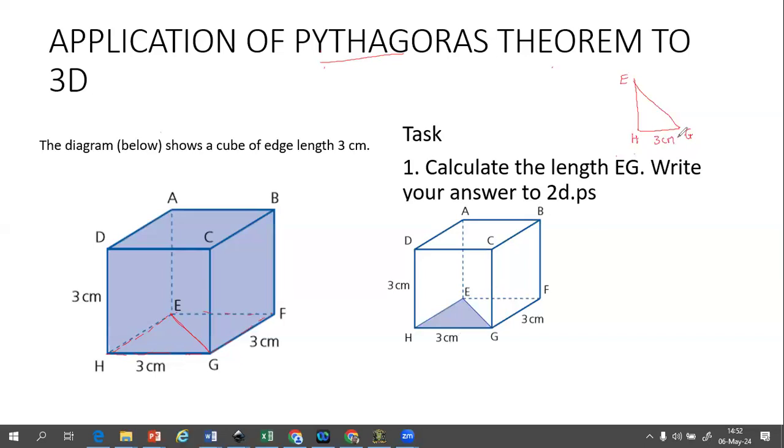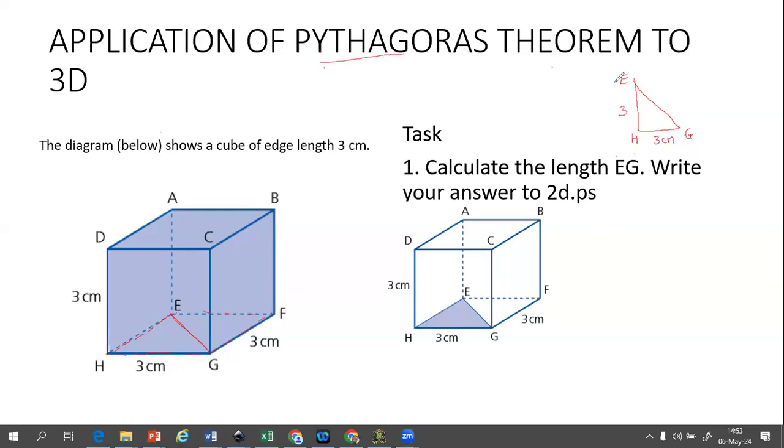Let me ask people, what about E to H? How many centimeters do we have from E to H? You can type in the chat. People are getting 3, very good. So that is 3.